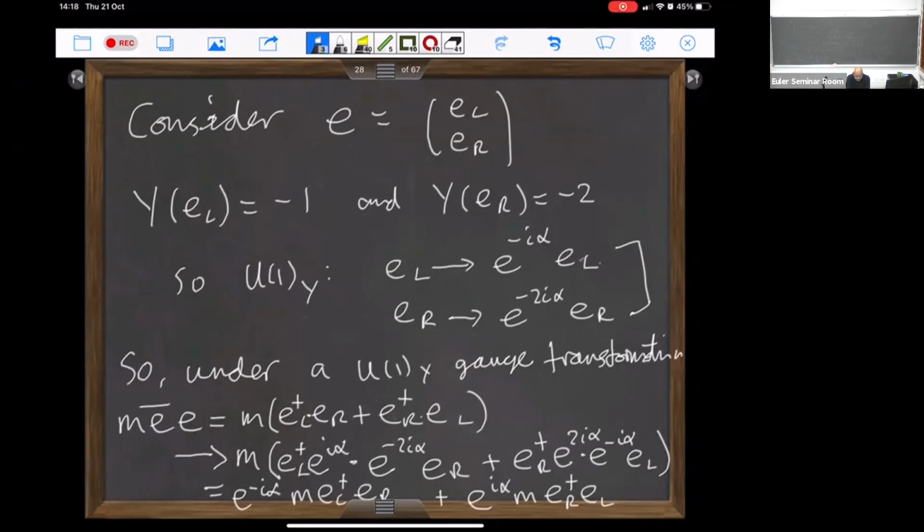Namely, if E left dagger had the opposite charge of E right, and in that sense that would be a real representation, because we would have two charges of the opposite sign. But in the standard model, it's simply not true. So the mass term is not gauge invariant.